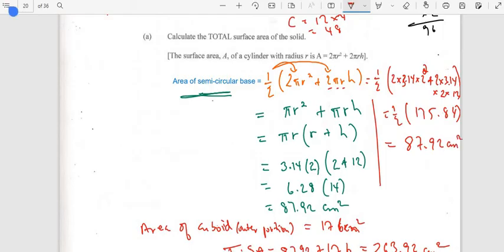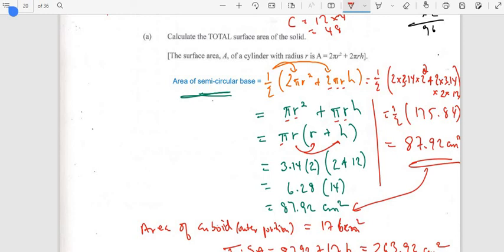Square centimeters. Yes, this is easier, but the reason I did it is to show you some shortcuts you could use. Half of the 2 gives you 1, pi r squared, and half of this cancels the 2, which is 1 pi rh. Factor out pi and the r, and the distributive law tells us these two go inside.